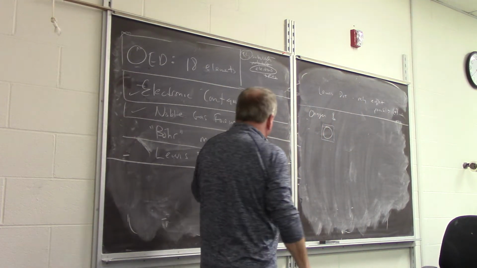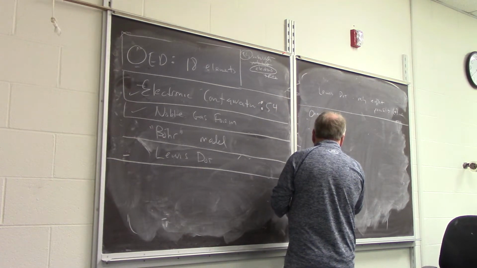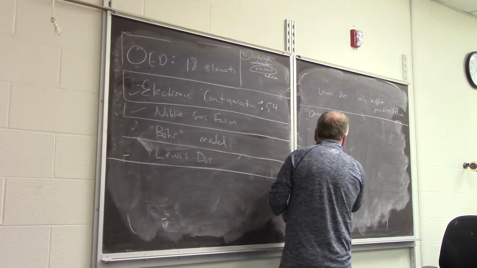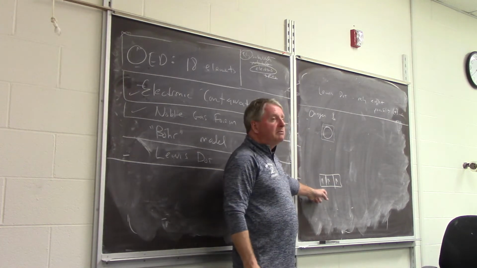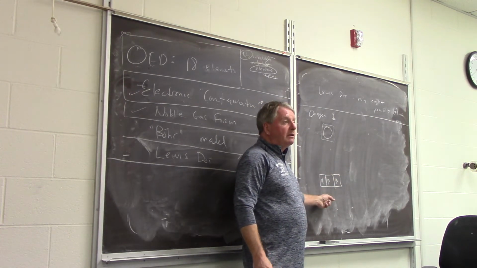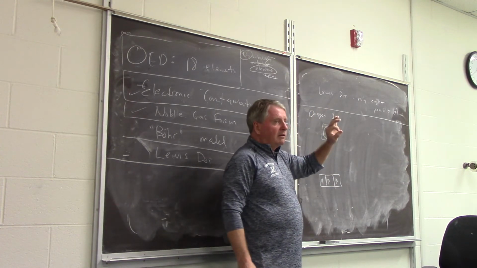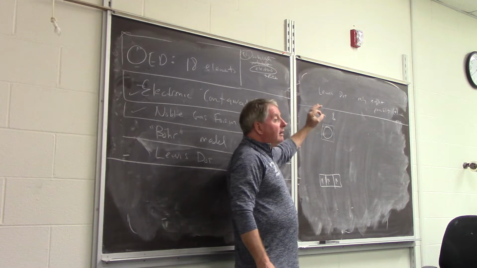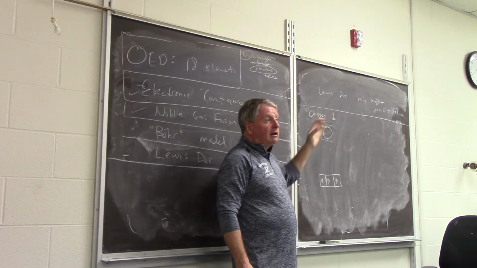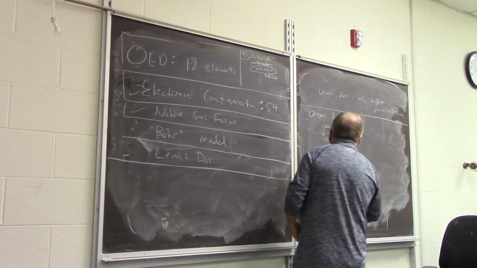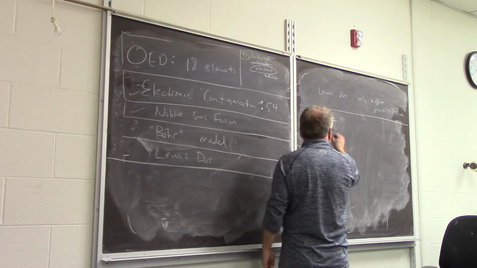All right, before we do that, remember when we were putting electrons in a p subshell, the way that you did it is you went up, up, up. So you put an electron in each box before you came back and filled up, paired. Okay, we're going to do the same thing here. We're going to put a dot to represent an electron on a side, but we can't pair them until we have a dot on each side. Okay, so oxygen has 6, so I'm going to put 1 here.